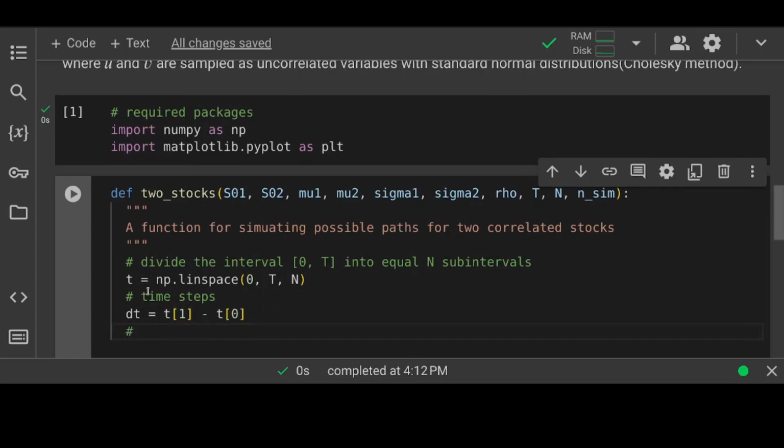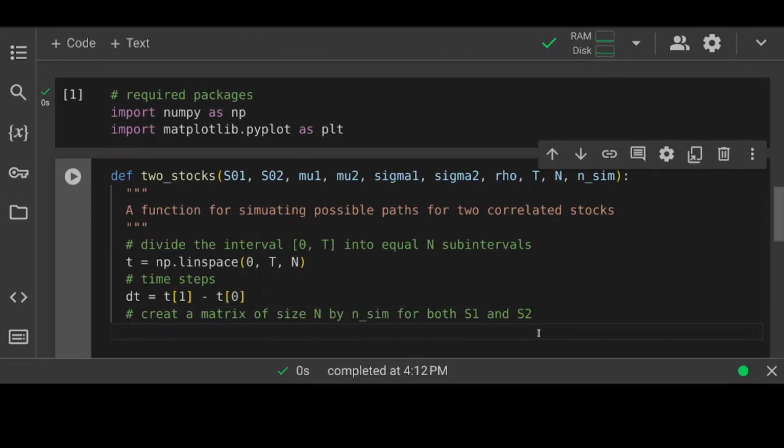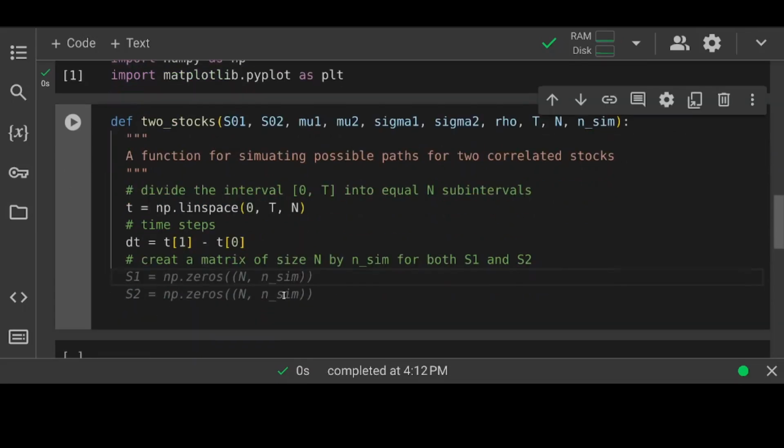Next, create a matrix of size n by nsim. So S1 is equal to np.zeros of size n by number of simulations, and S2 is of the same size.